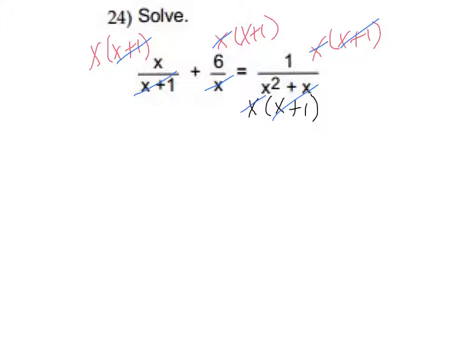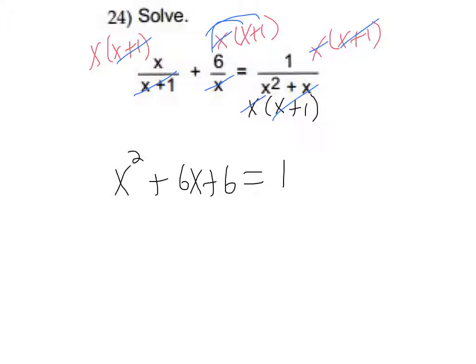That's how you know you picked out the correct common denominator. What's left is, on the first one, we have x times x is x squared plus 6 distributed in, 6x plus 6 equals 1.